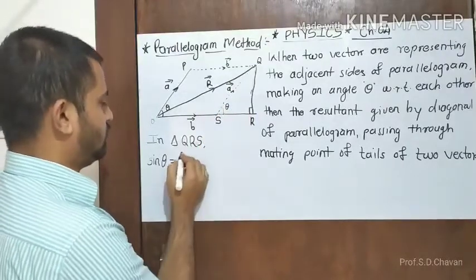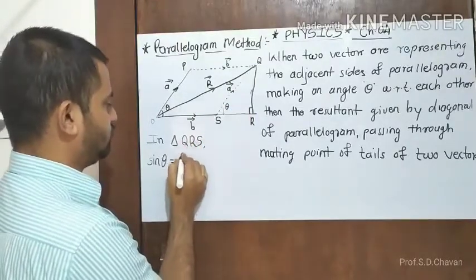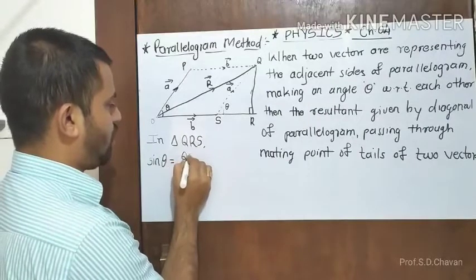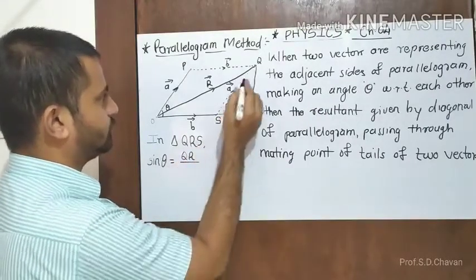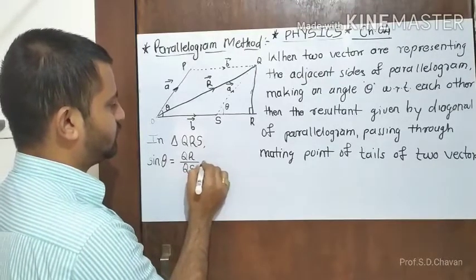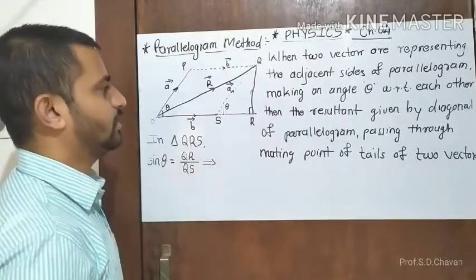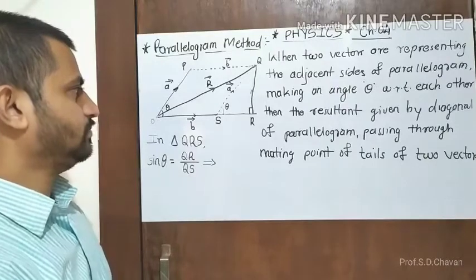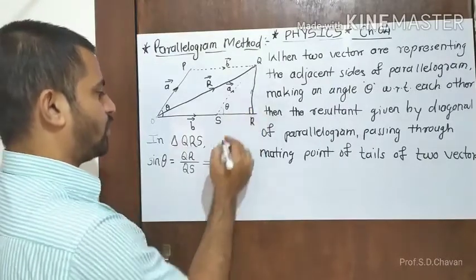So here sine of theta is equal to QR upon QS. From this we will get the value of QR. What is the QR?